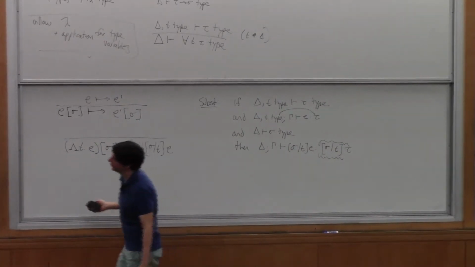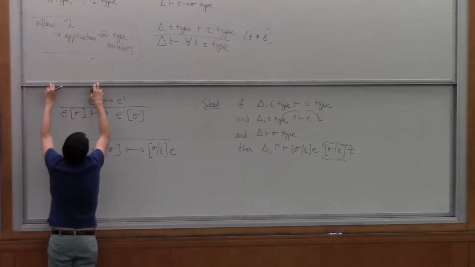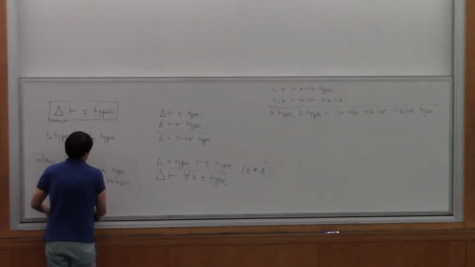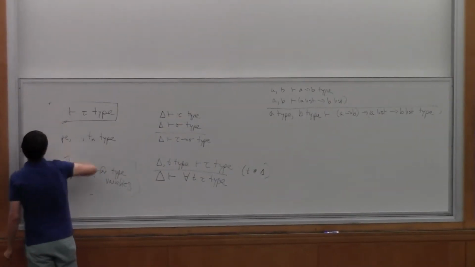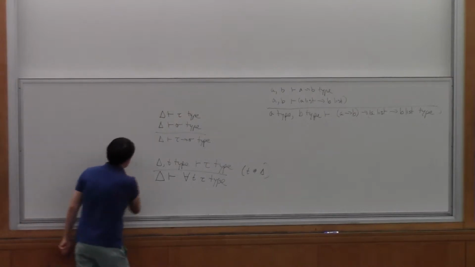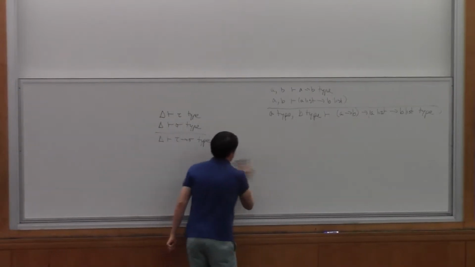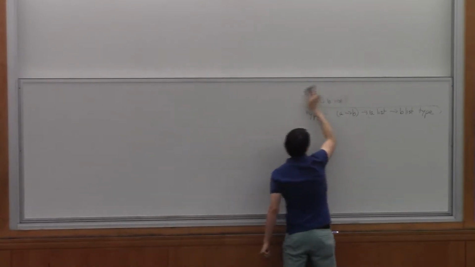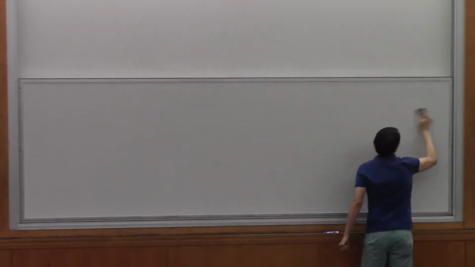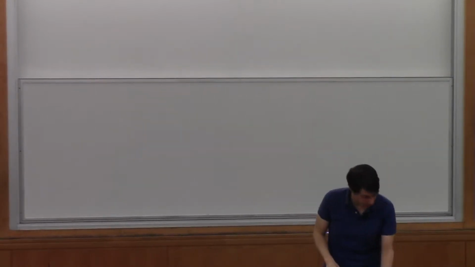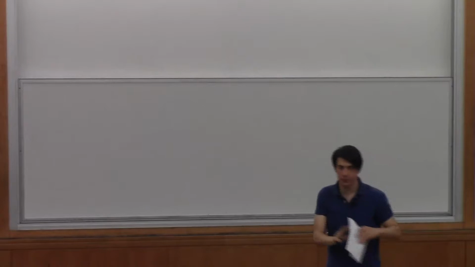OK, so first of all, we've got map. Second of all, I want to make a distinction between two kinds of polymorphism and talk a little bit about what kind of polymorphism we're talking about here.